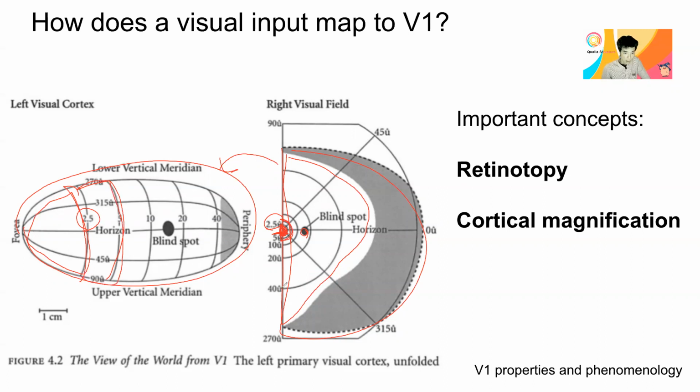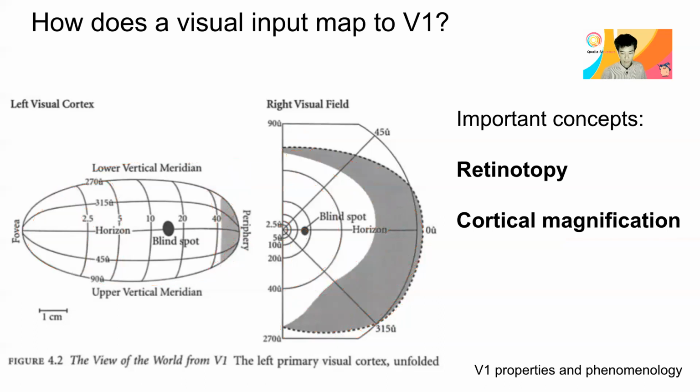The most peripheral area, like 40 degrees of eccentricity, occupies here. And the largest extent of the peripheral vision is compressed to be represented here. So this corresponds to cortical magnification. It's almost like magnifying the fovea at the level of the cortex. Okay.